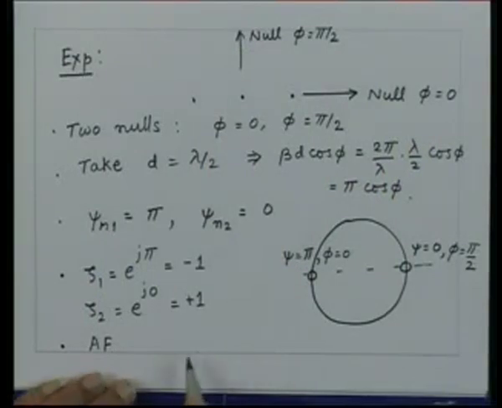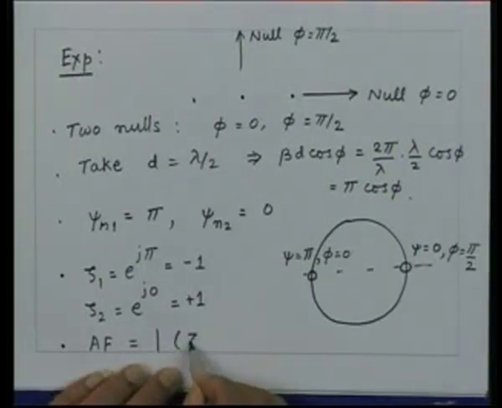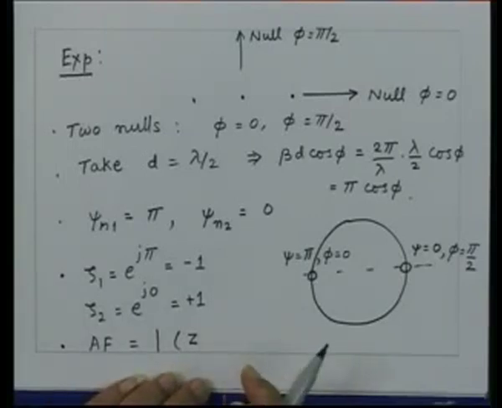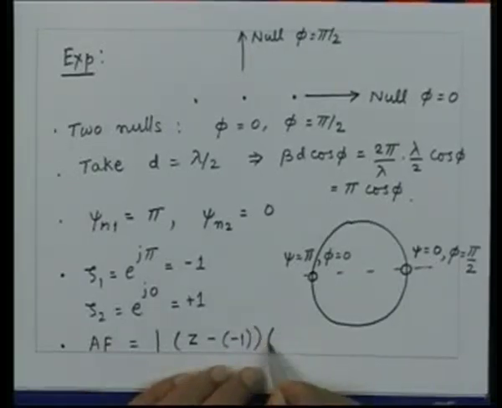So, finally we can get the array factor which will be equal to mod of z minus of minus 1 into z minus 1.